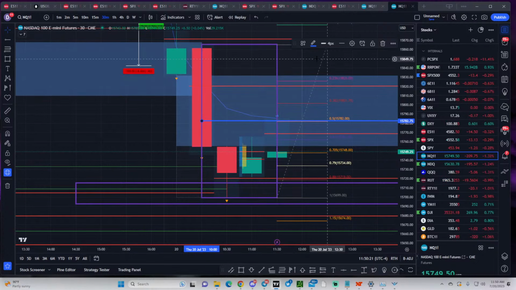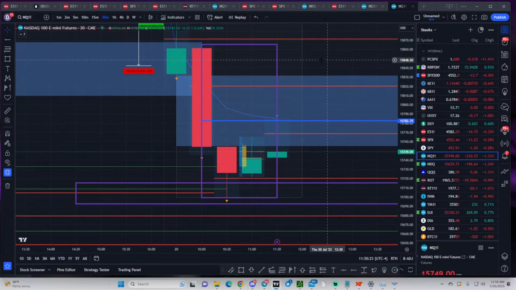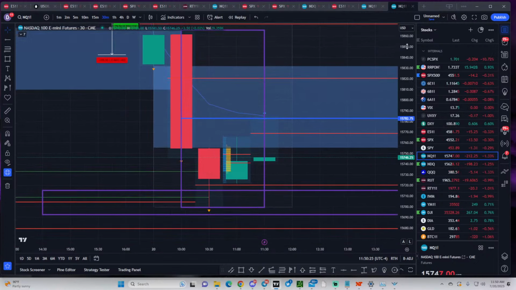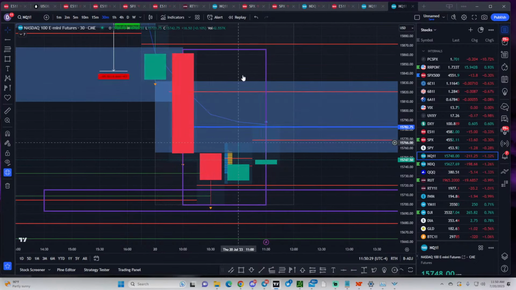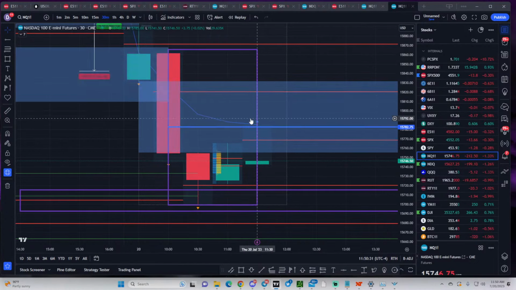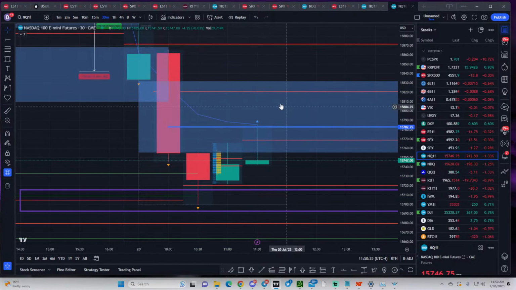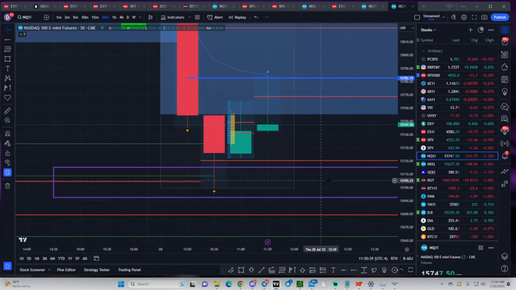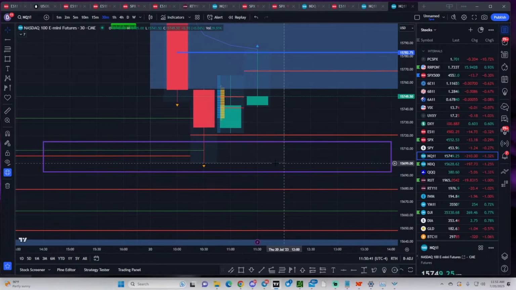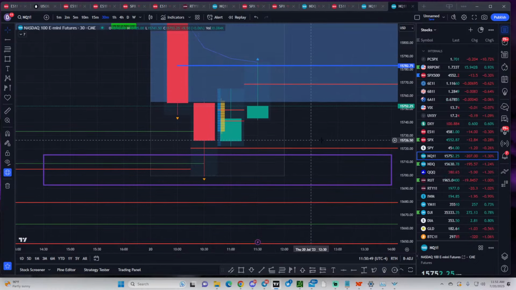VWAP. So the VWAP was your balance zone pivot, and as you can see, it rejected right there at the 50%. So a rejection there at 50% targets the low, which is right over here, 699. Doesn't mean it has to get there. I'm just saying that's a rejection.